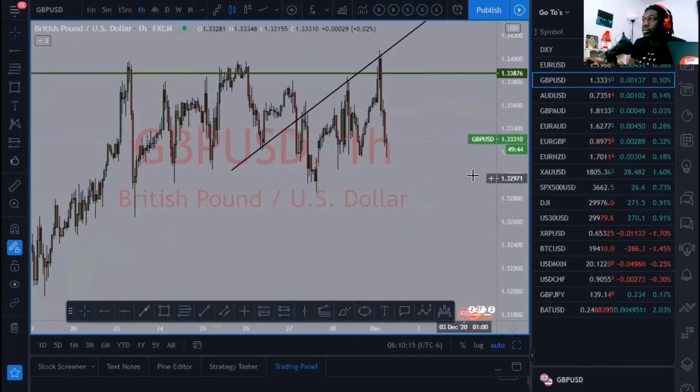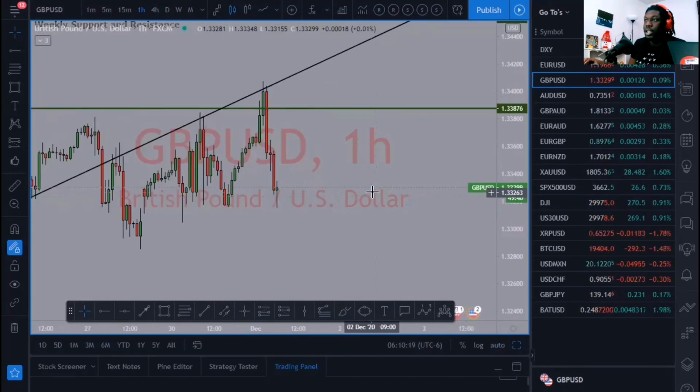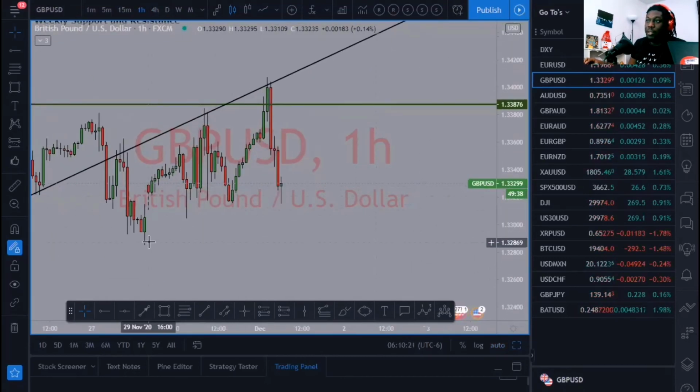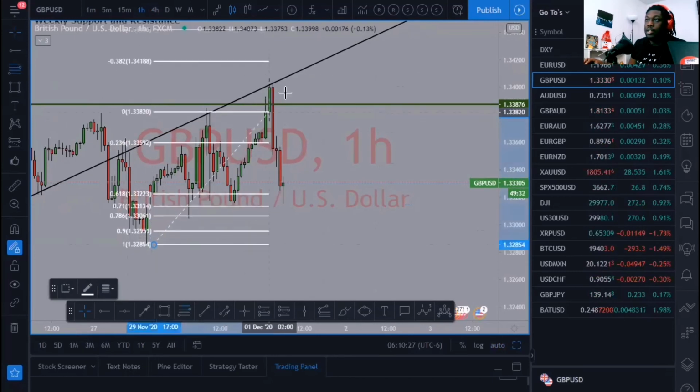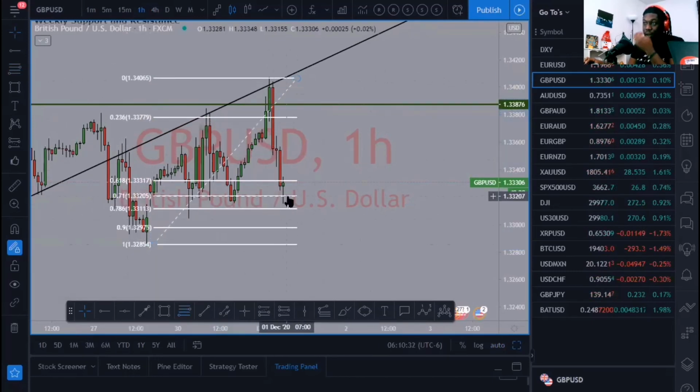One thing that I'm not really feeling about this though is that if I'm taking it from this swing, from this low to this high, price is literally hitting off of the 71% and can continue to the upside.